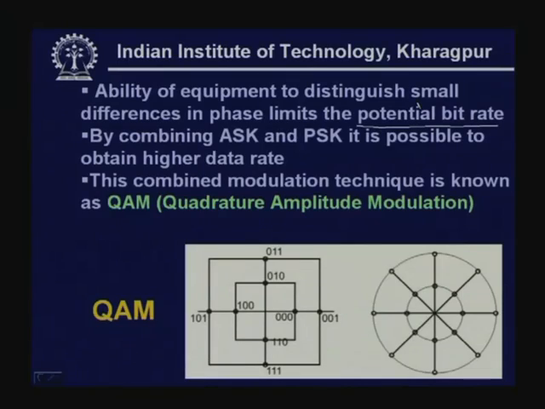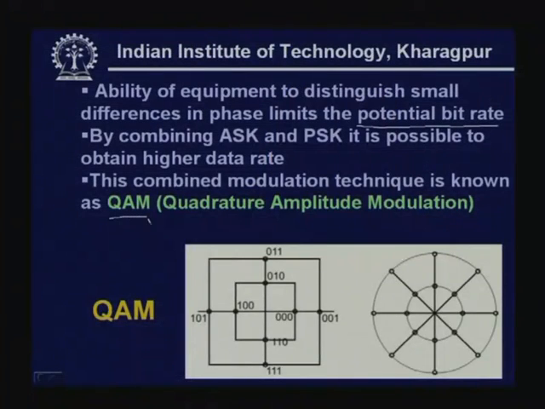So what is the way out? Another alternative is, apart from changing the phase, we can also change the amplitude. In other words, we can combine change in amplitude and change in phase, leading to what is known as QAM, quadrature amplitude modulation. So in this case it is a combined modulation technique. QAM can be considered as a combination of ASK, amplitude shift keying, plus phase shift keying.